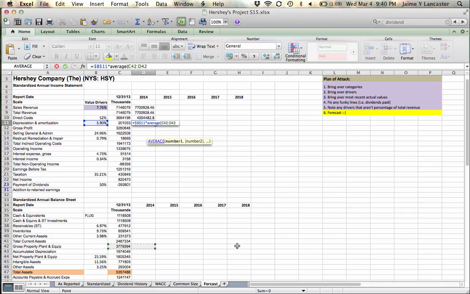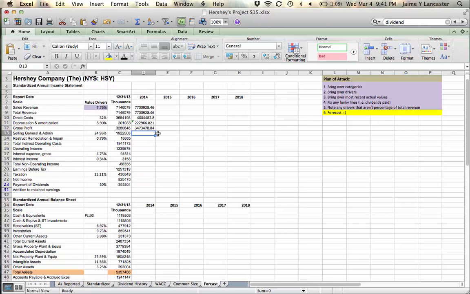So I'm going to use 2013 actual data plus 2014's forecasted data. Well, once we have all of those things, now we get to our next subtotal line, gross profit. And gross profit is equal to total revenue less direct costs, and in this case, less depreciation and amortization.